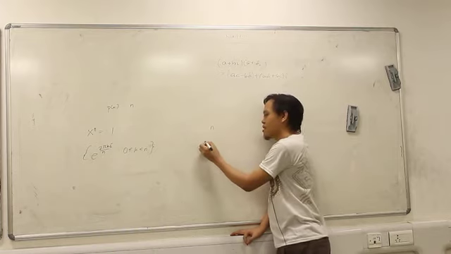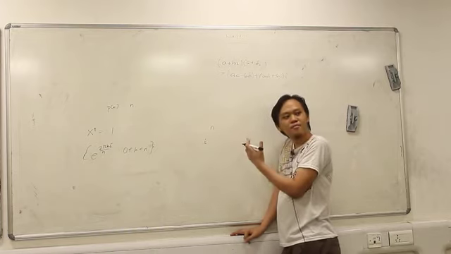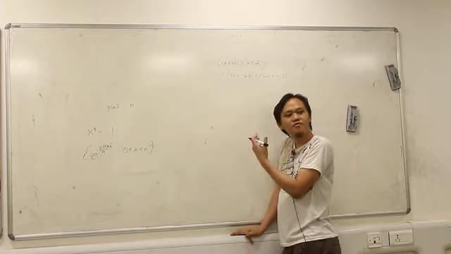Okay, so let's say i is a primitive 4th root of unity. If you raise it to 4, you get 1. But there's no smaller positive exponent which you can raise it to to get 1, except 0 again. Negative 1 is also a 4th root of unity, but it's not a primitive 4th root of unity because you can also raise it to 2.